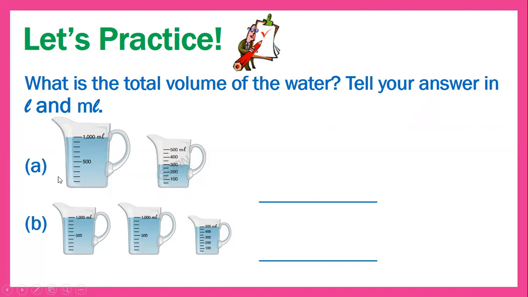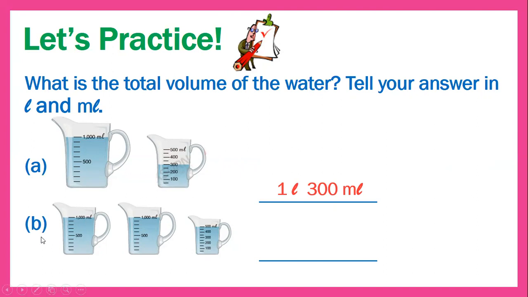For letter A, what is the answer? We have here 1000 ml and the other jug has 300 ml. So the answer is 1 liter and 300 ml. Very good.